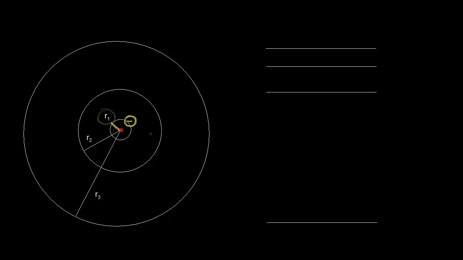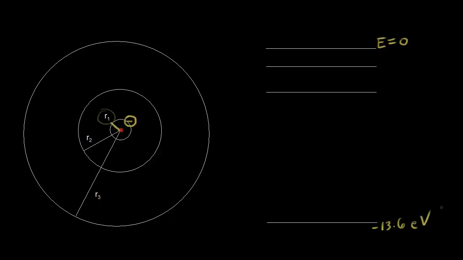And we just calculated that energy. When n is equal to 1, that was negative 13.6 electron volts. That's the energy associated with that electron as it orbits the nucleus. If we go over here on the right and we say this top line represents energy equal to 0, then this would be negative 13.6 electron volts.